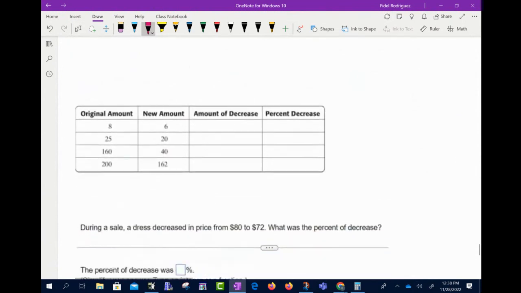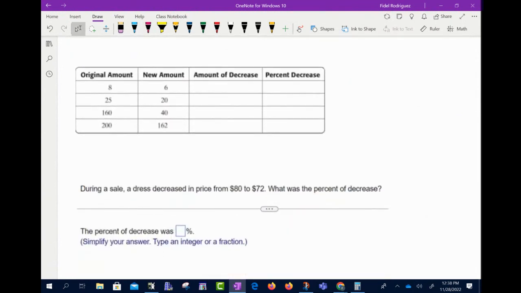Here we go. So we have some decrease and increase problems, y'all. The way I show how to do the amount decrease and increase is like this. When I have a table like this, y'all, I look at the original amount that I had. If we used to have 8, it went down to 6. How much did it go down by?